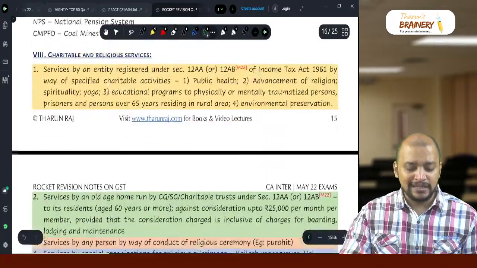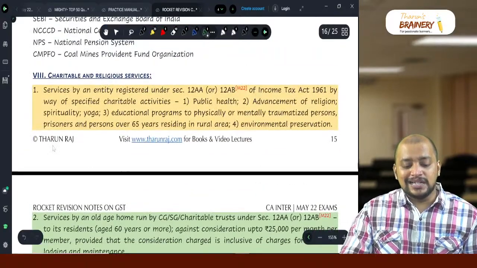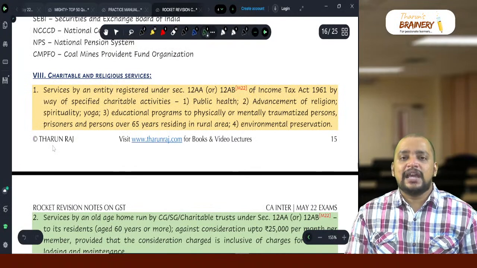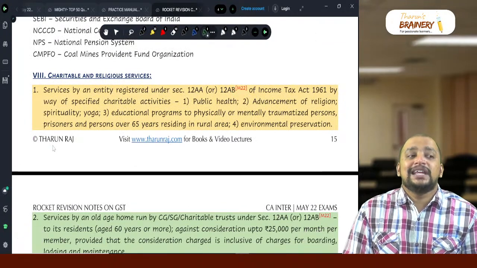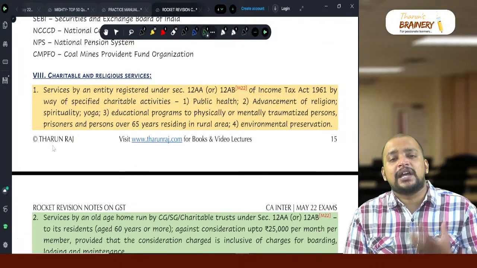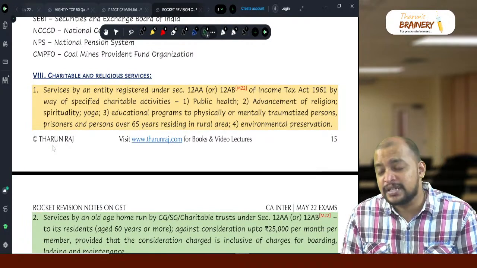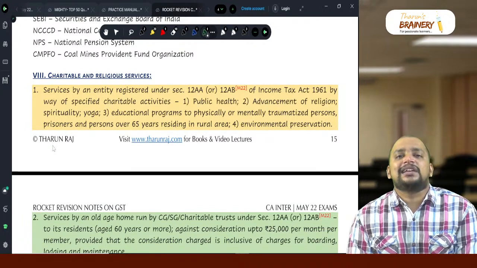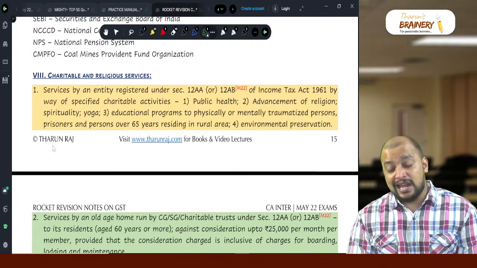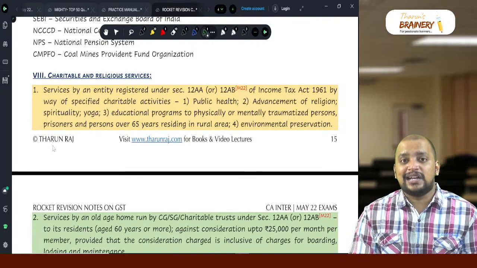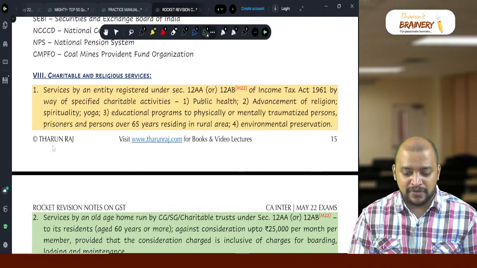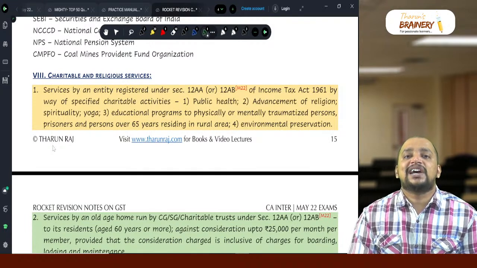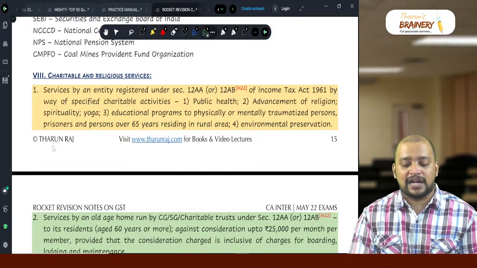Okay. Then charitable and religious services. There is an entity registered under 12AA or 12AB. Wherever 12AA comes, 12AB also will be added, because there are two charitable trust registrations under the Income Tax Act now, 12AA and 12AB. So they are providing charitable activities. What are those charitable activities?